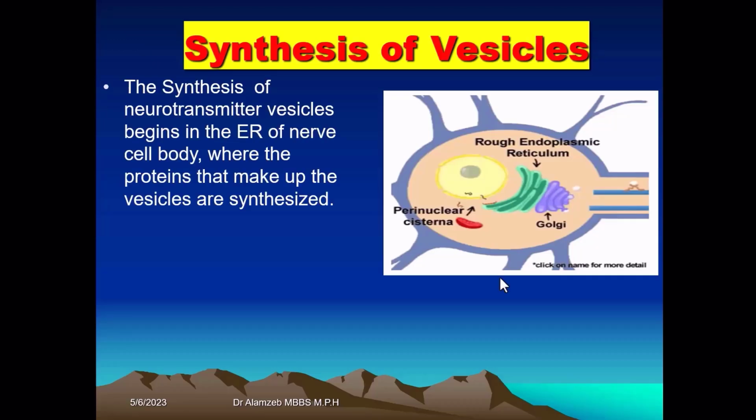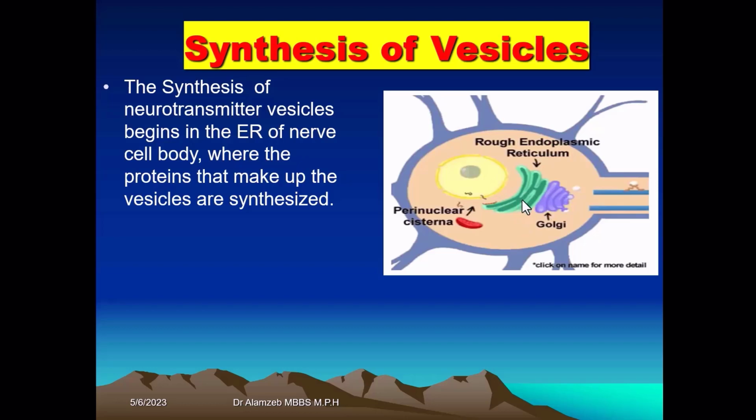The transmitter vesicles begin in the endoplasmic reticulum of the nerve cell body, where the proteins that make up the vesicle are synthesized. We know that here in this body we have the nucleus, and the nucleus has DNA. From DNA, protein synthesis occurs by the translation and protein synthesis mechanism.